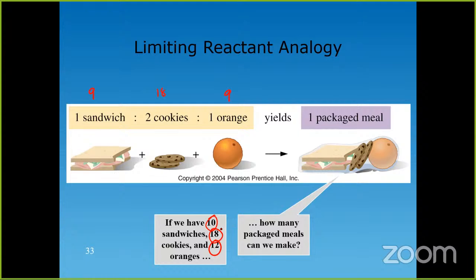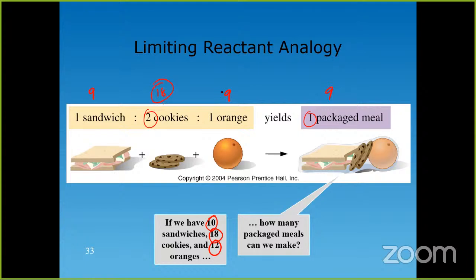Turns out that, okay, we have 10 sandwiches, so therefore we can use up 9 of the 10 sandwiches, so 1 will be left over. And based on the 18 cookies, we're going to need 9 oranges. We have 12, so that means that 3 will be left over. So therefore, it will be the 18 cookies that determine how many packaged meals you're going to end up with. And therefore, because there's a 2-to-1 ratio between those two, we can say that the number of packaged meals that you can manufacture will be 9.